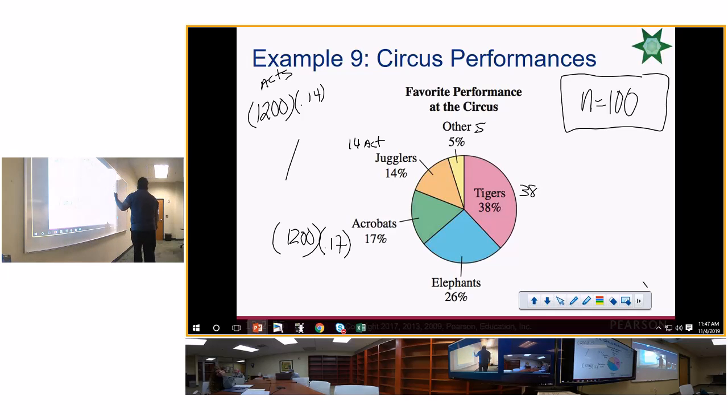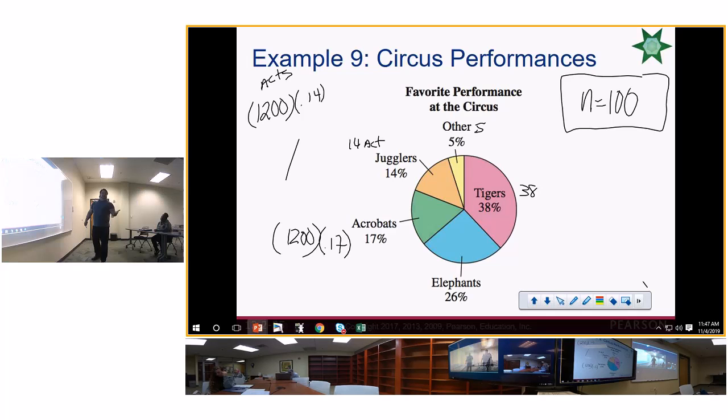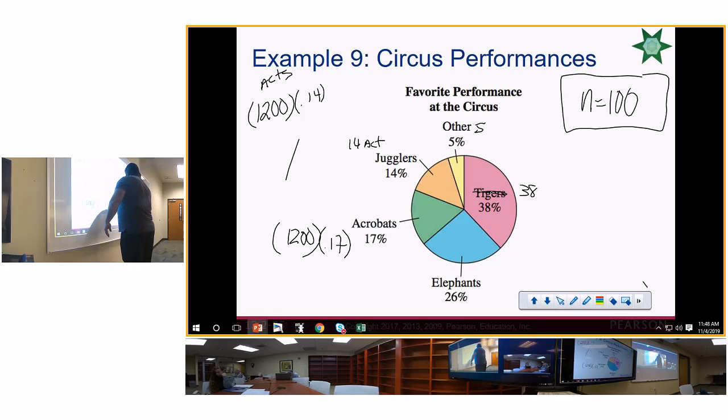So, what should you make sure you can do? This is a standardized test question. They will always give you n is equal to a number. And then they will say, how many are Tiger Acts? Usually it's a budget. Let's mark this out. 38% is apartment and utilities. 5% is cell phone.